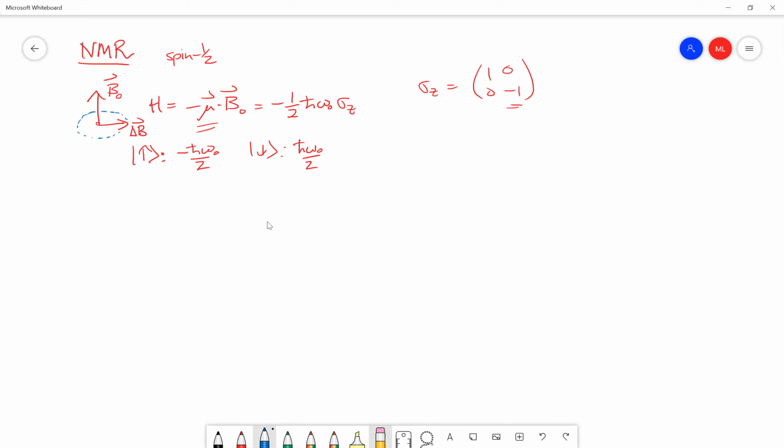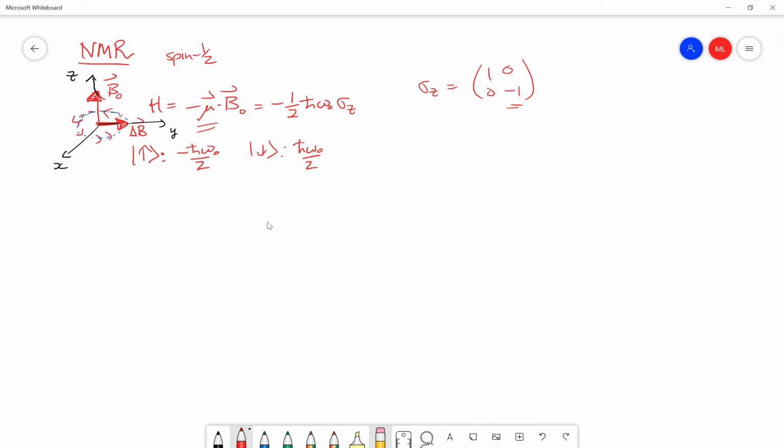If I were to draw the coordinate system here, this is along the Z direction, and delta B is going to be rotating around the XY plane, just like that. It'll rotate around like this with some frequency.